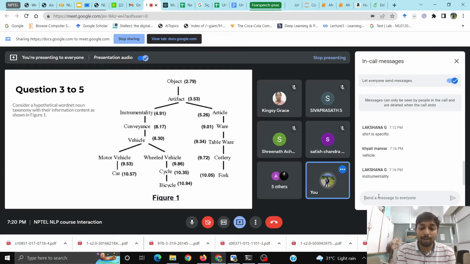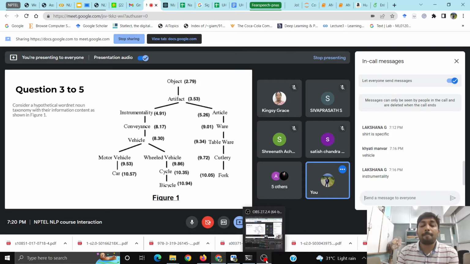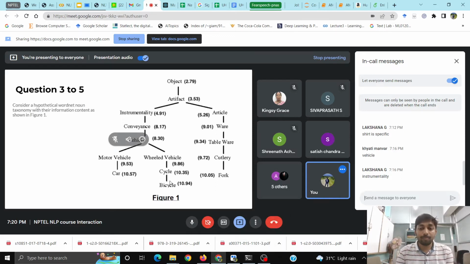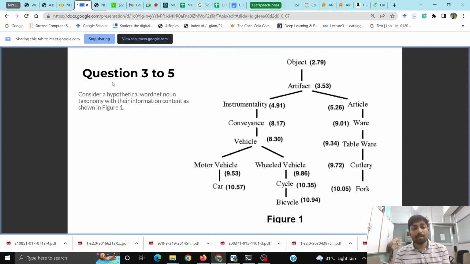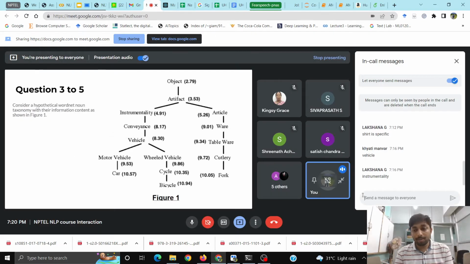What will be the final value for this? Are you doing it? 0.452. Okay. Yeah, please write it down in the chat and I will check together. Anyone else?